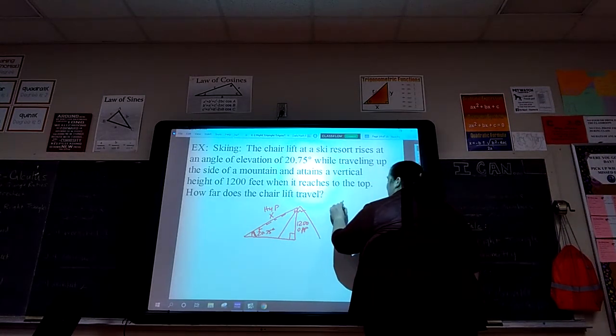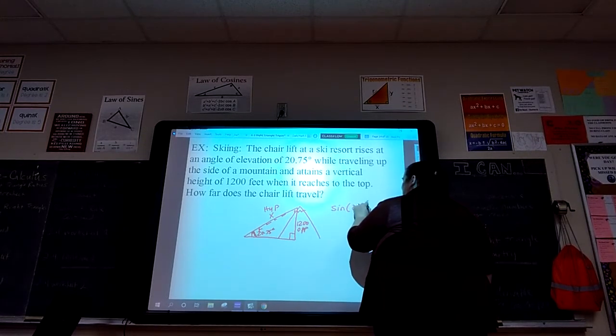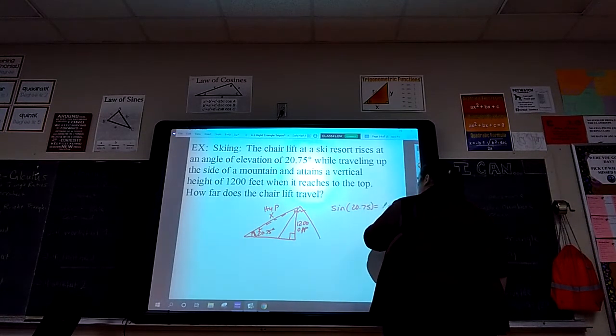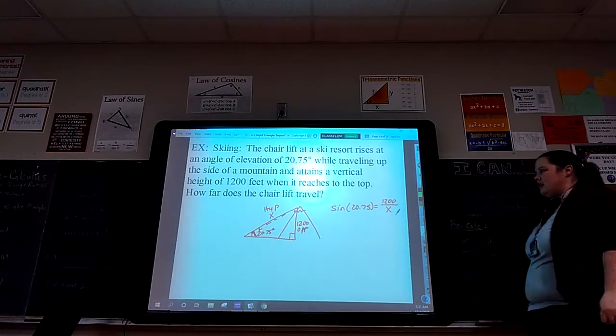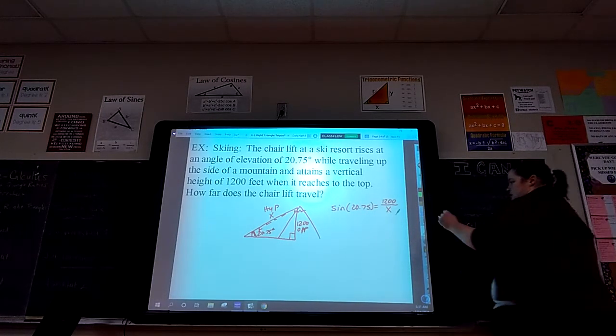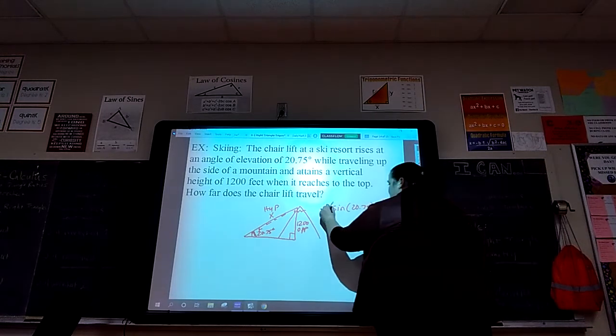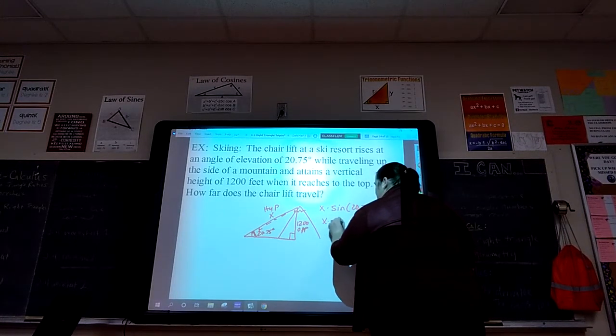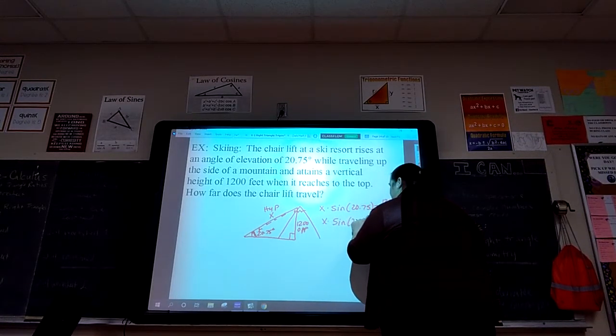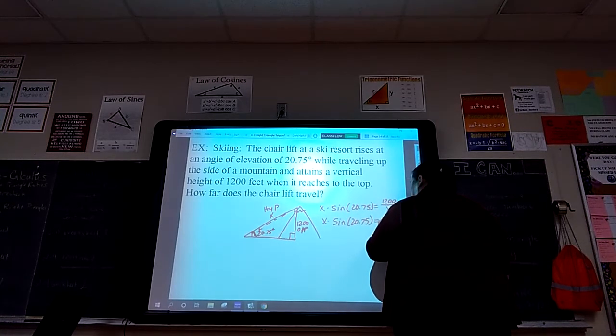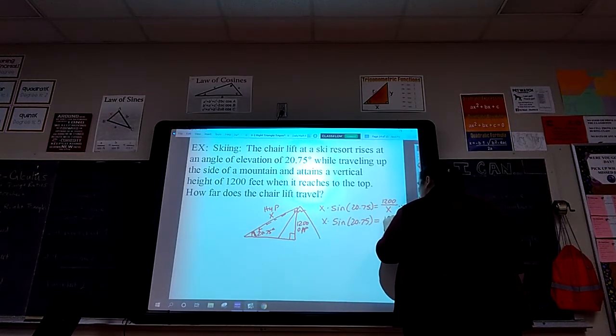Sine. Yep. So sine of 20.75 equals our 1,200 over our hypotenuse, which we don't know. And then we solve for x, and we'll put x up here. So x times sine of 20.75 equals 1,200.